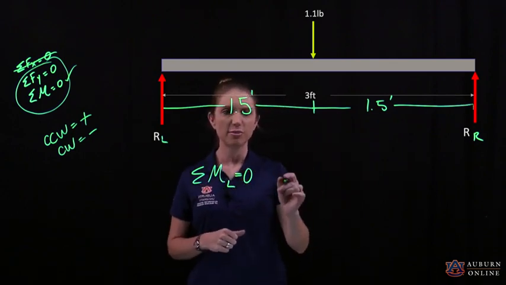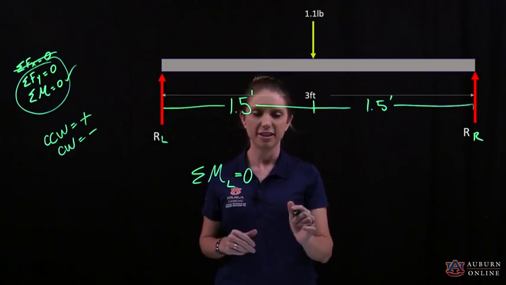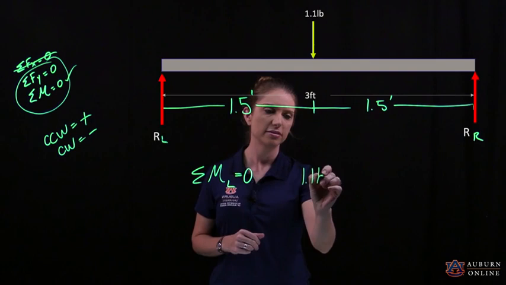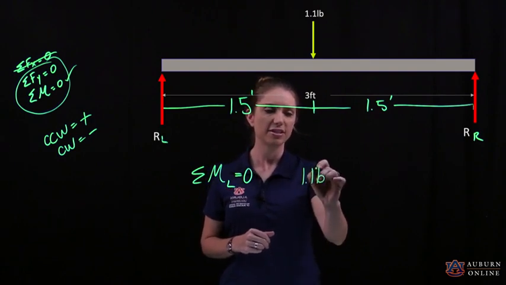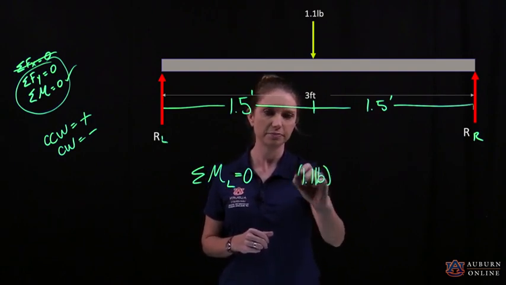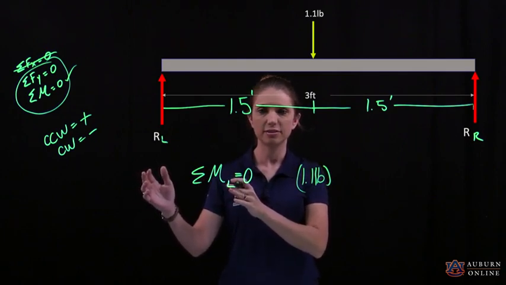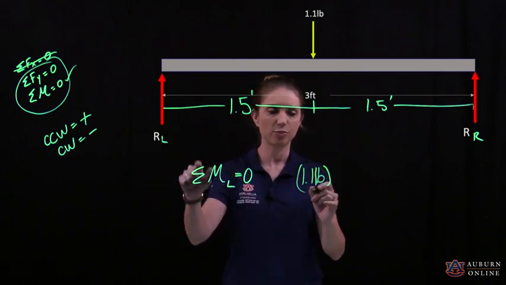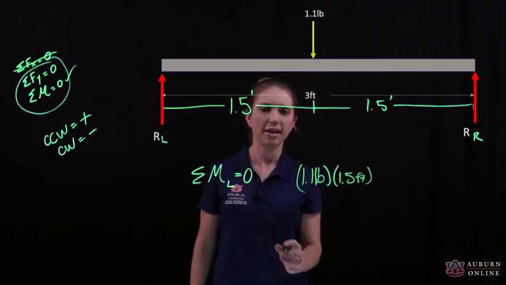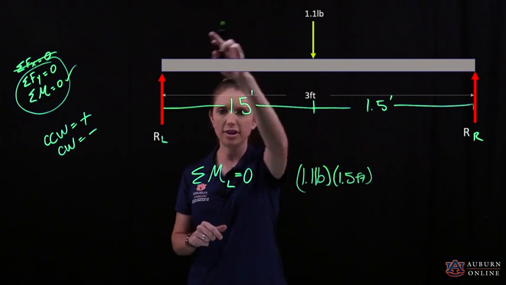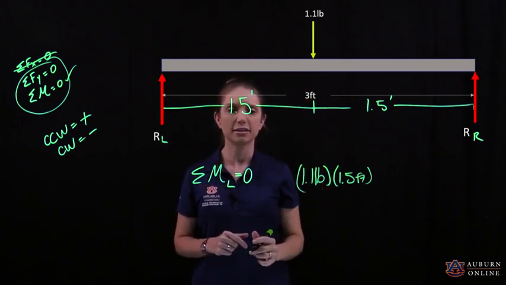So if we take the moments of all of these forces about the left-hand side, we have 1.1 pounds, our applied force here, times the distance to that left-hand support, which is, in this case, 1.5 feet. And that is going to cause this beam to rotate about that point in a clockwise direction.